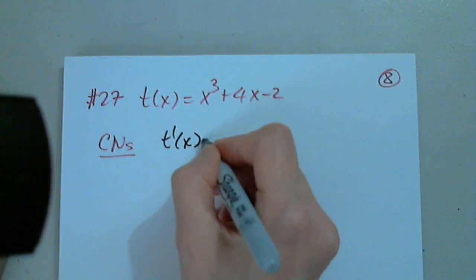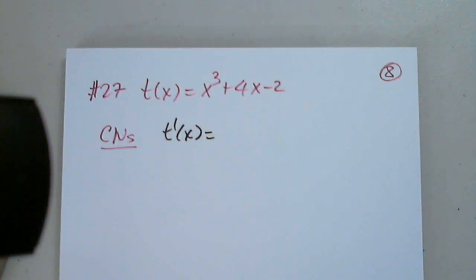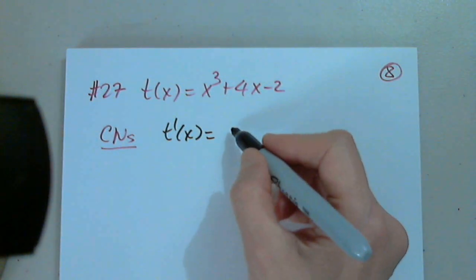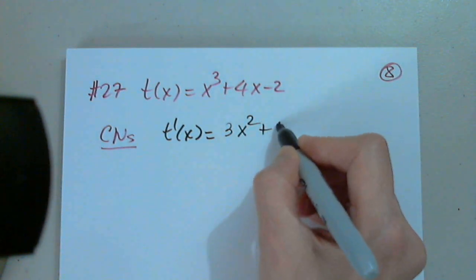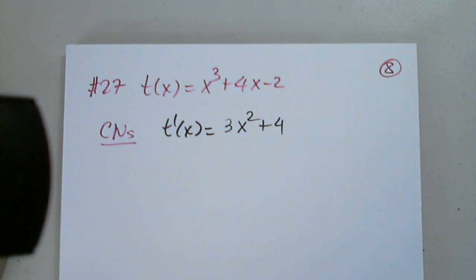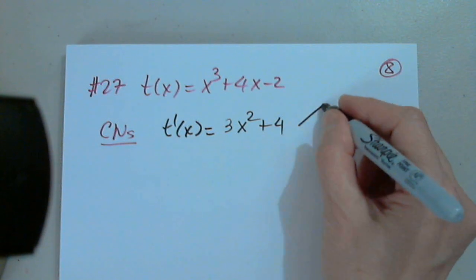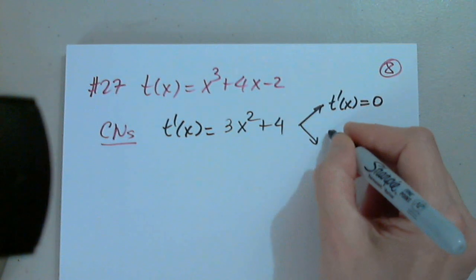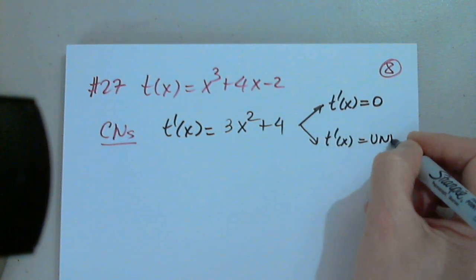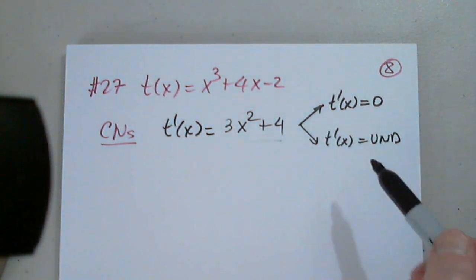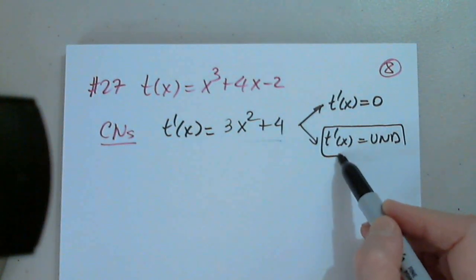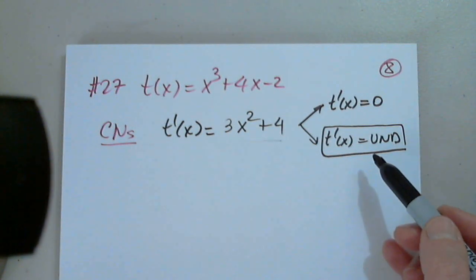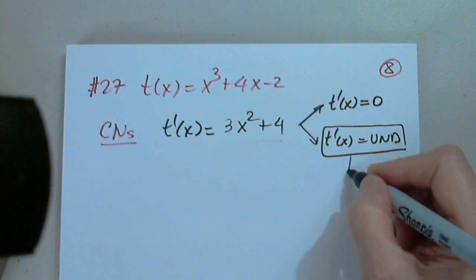Can anyone give us a derivative for this function? It's going to be 3x squared plus 4. Very good. Now I have to look at two different things: t prime of x equals 0, and t prime of x undefined. Since it's a polynomial function, can any critical numbers come from this condition? No, so this is never.